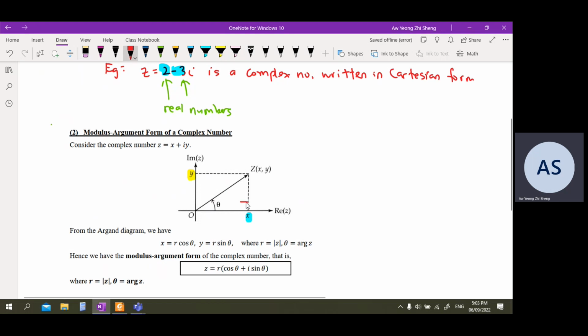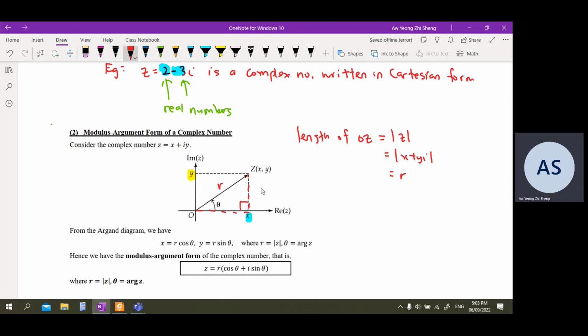Now making use of the right angle triangle here, suppose that the length of OZ, which is the same as the modulus of the complex number Z, or in other words the modulus of x plus yi, is equal to r.